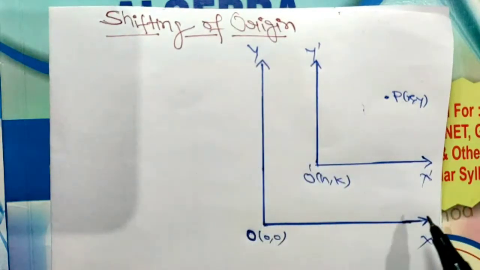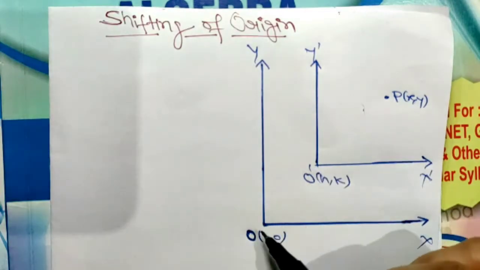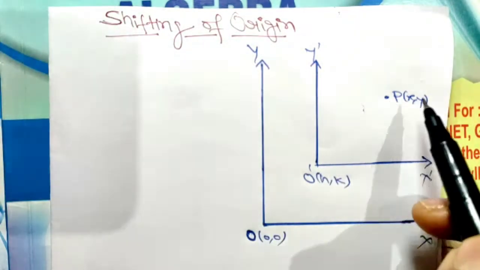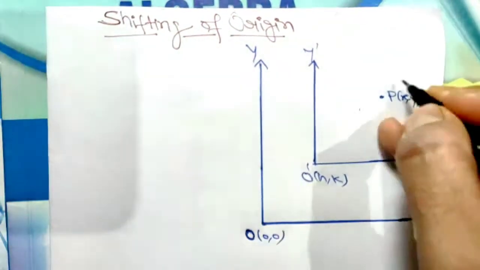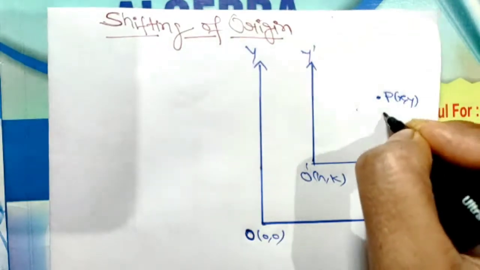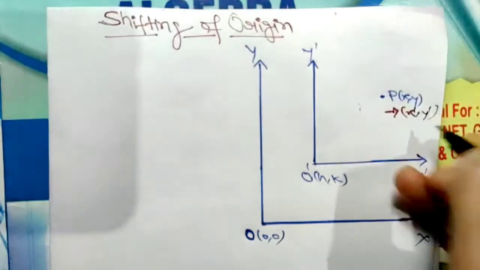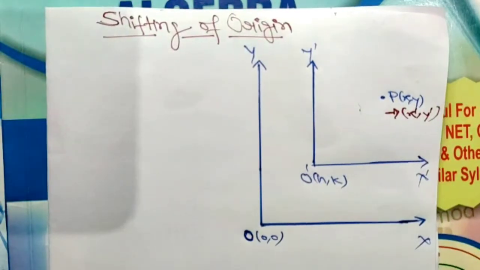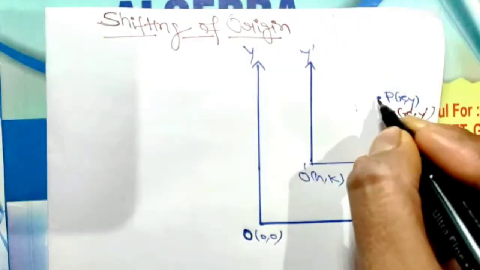If we shift the origin from here to here, then the coordinate of this point P changes from, let's say, P(x, y) to (x dash, y dash). Now we join this line.